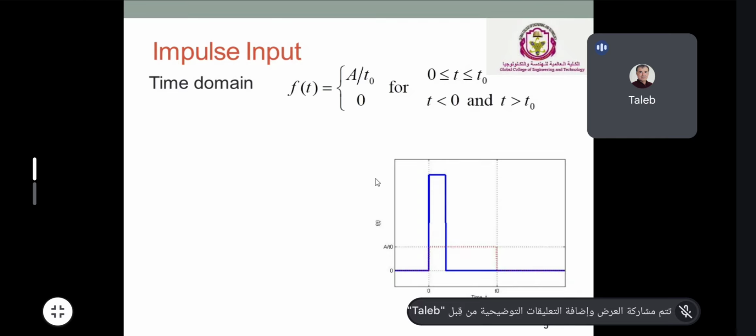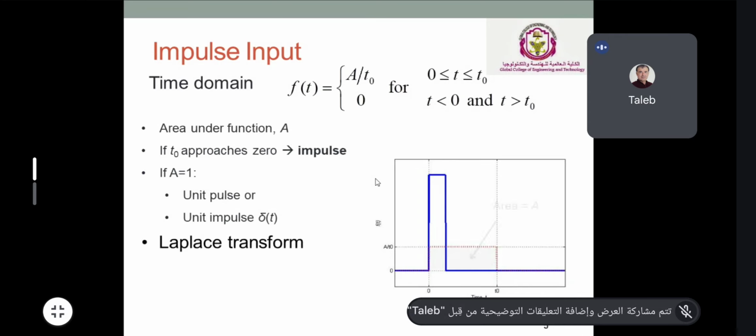So we study this one, and then we study this by Laplace transform. The way that we find the output is through the Laplace transform, because Laplace transform simplifies the system: multiplication of transfer function with the input gives output. But if you go to the time domain instead of Laplace, it is very complicated.